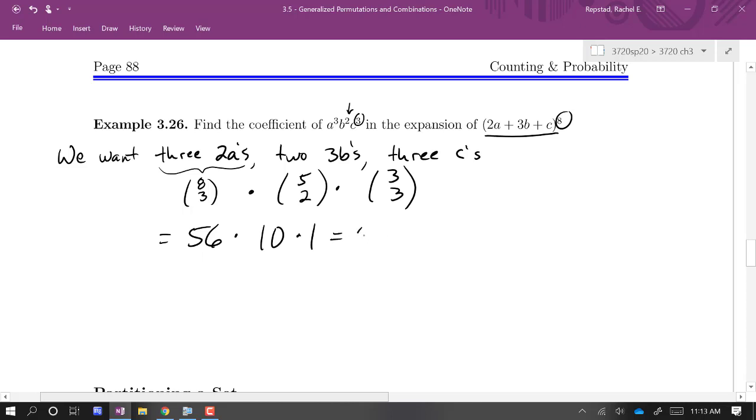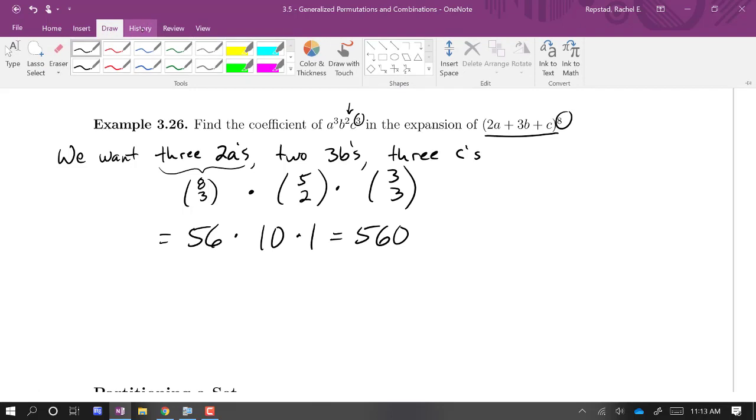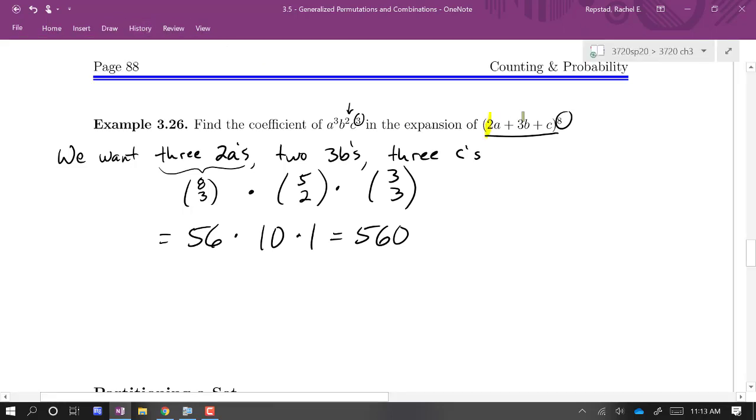Now I'm not done yet. That is not the coefficient I'm looking for, because notice there were coefficients on each of these terms. So I've got a coefficient 2, 3, and then 1, coefficient 1 on the c. So the term in this expansion is 560 times 2a cubed times 3b squared times c cubed.